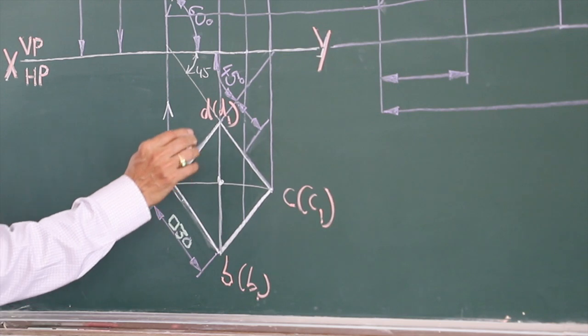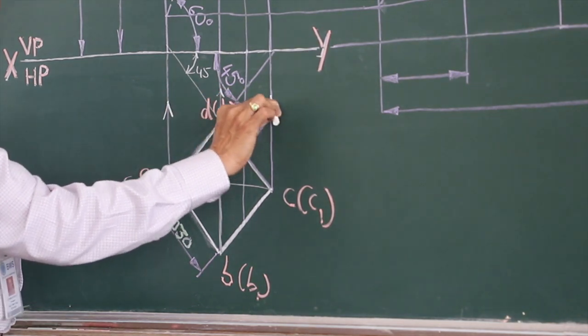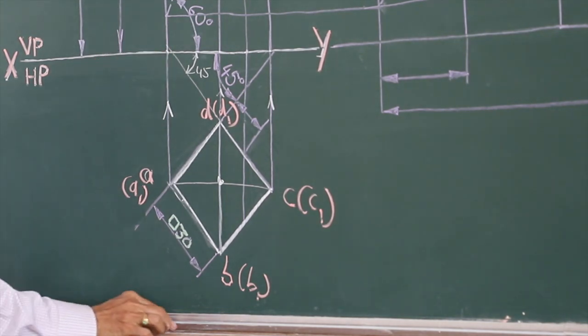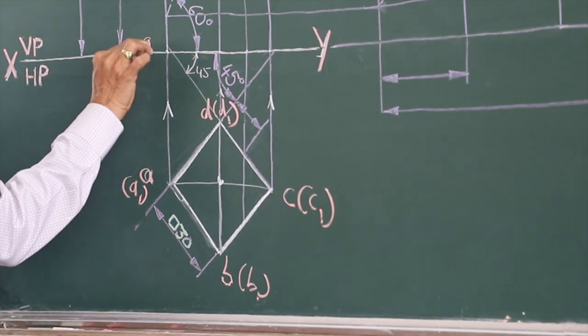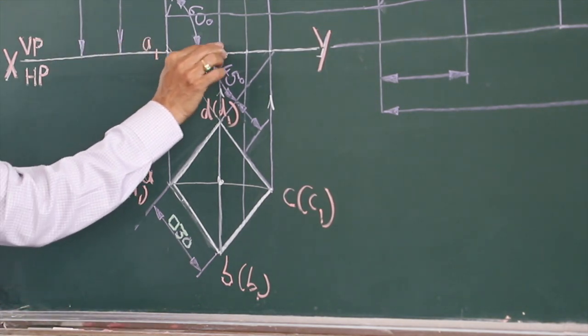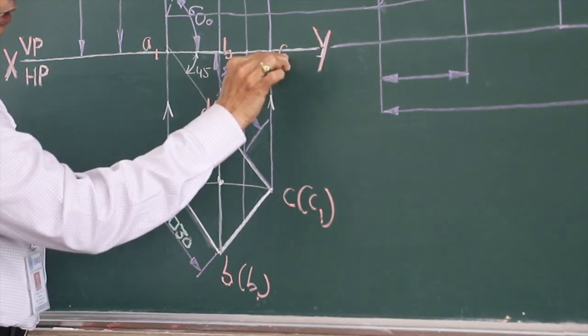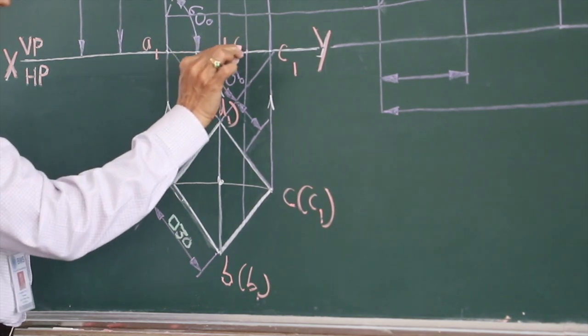That means project from A1, DD1, CC1 and BB1. Locate these bottom points. So these bottom points are A1 at the bottom, B1 here at the bottom, C1 at the bottom, and the invisible point behind B1 is D1.